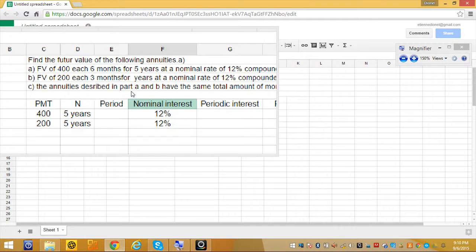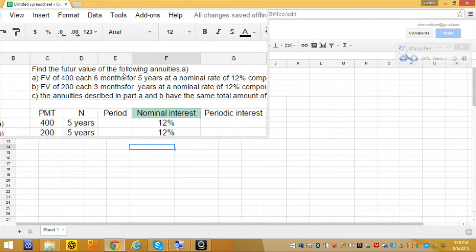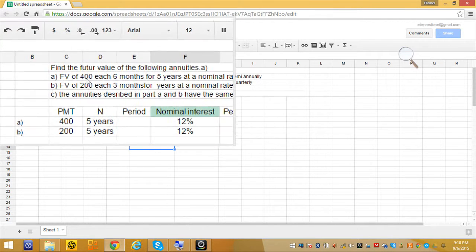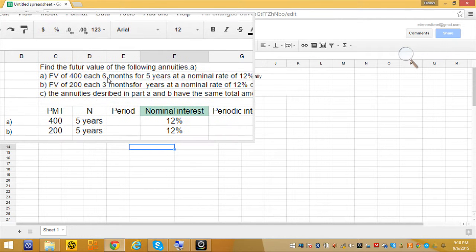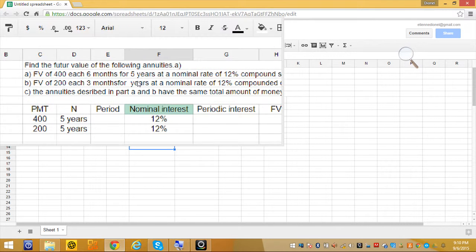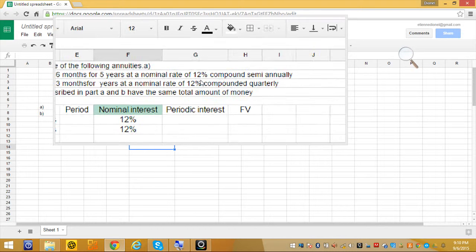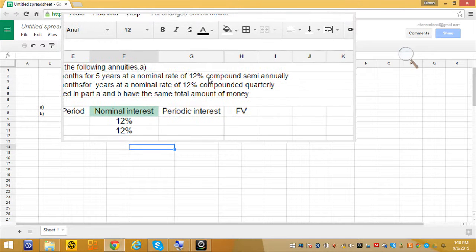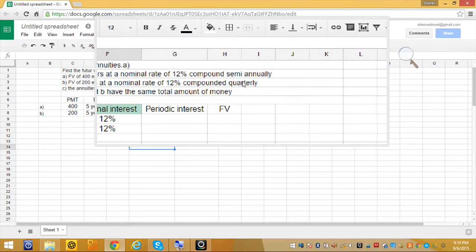They say find the future value of the following annuity. A, future value of 400 each 6 months for 5 years at a nominal rate of 12% compound semi-annually.